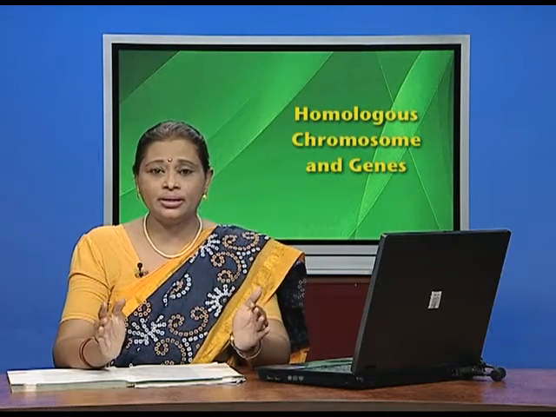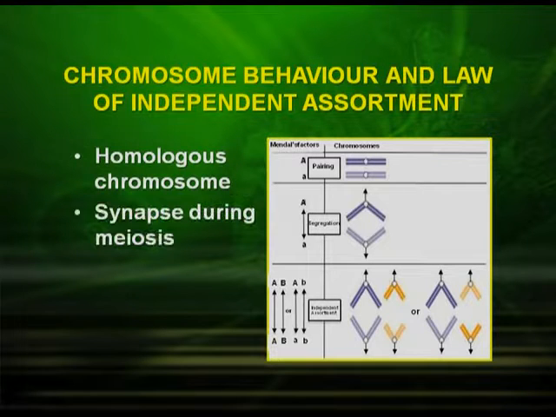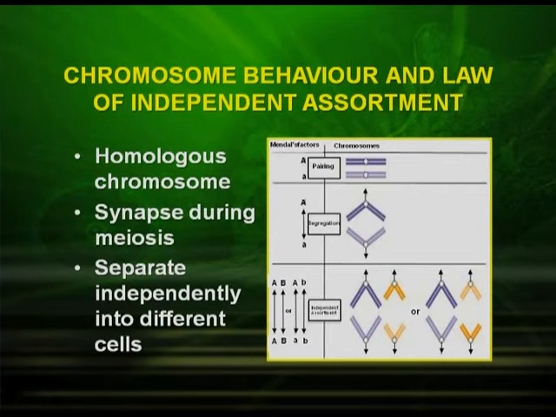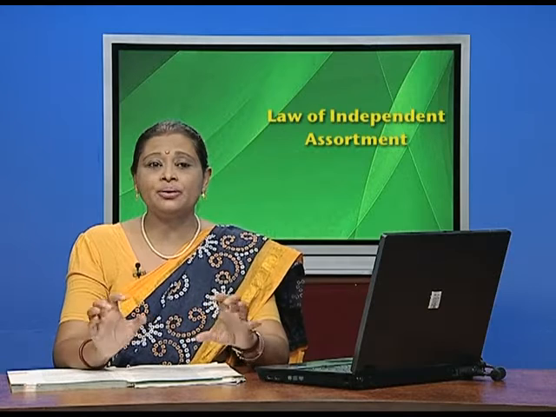In the same way, in chromosome behavior, the homologous chromosomes synapse during meiosis, but they separate independently into different cells during the formation of gametes. The following picture illustrates how the homologous chromosomes get separated, and how the cells formed have different random matings with recombinants.